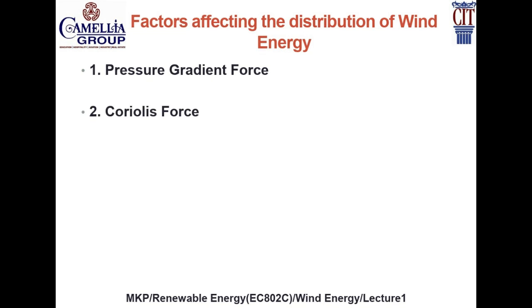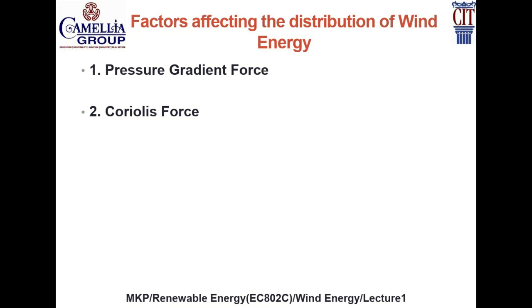The second factor is the Coriolis force. Due to the Earth's rotation, winds do not cross the isobars at right angles as the pressure gradient force directs, but they get deflected from their original path. This deviation is the result of Earth's rotation and is called the Coriolis effect or Coriolis force.